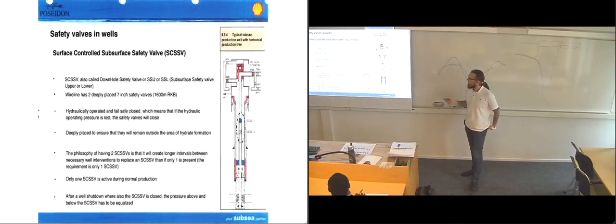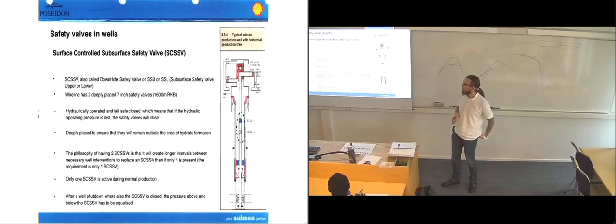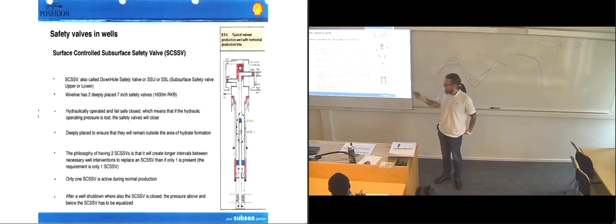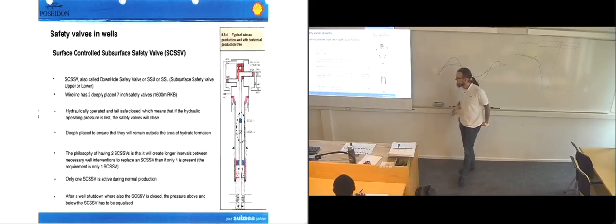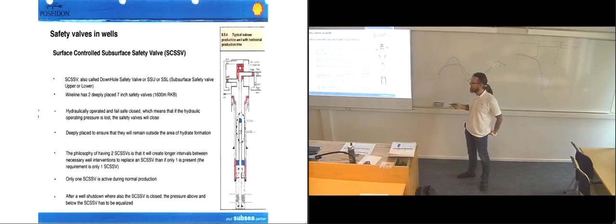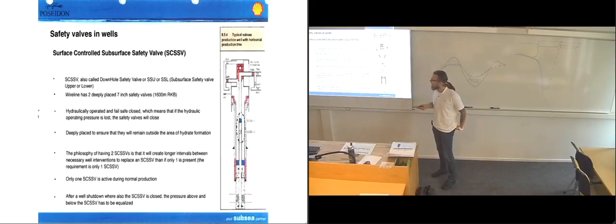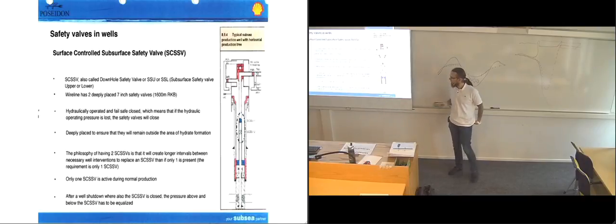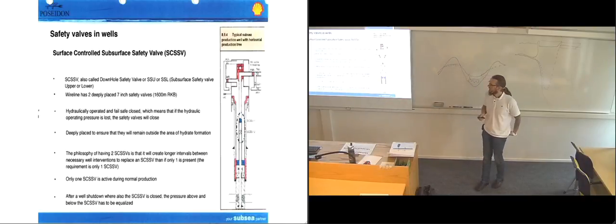So we look a bit more at the surface-controlled subsurface safety valve, or as it's also sometimes called, as we can see here, downhole safety valve. They have two of them in this case, so they have 1 and 2, which they can close off.